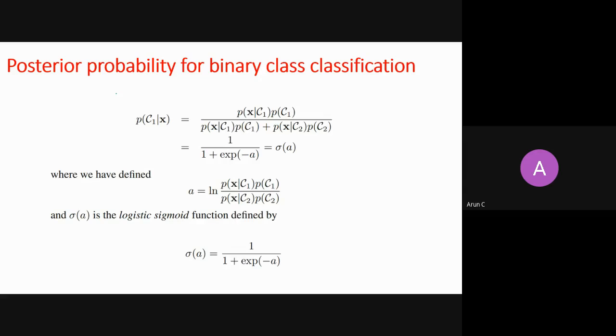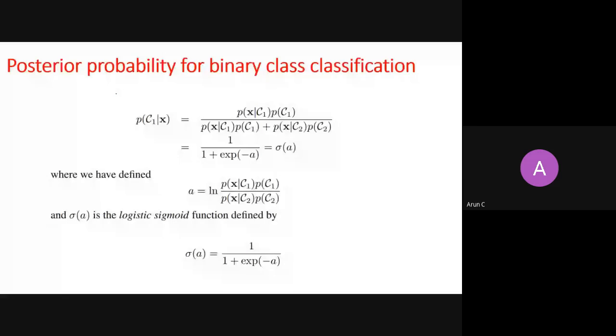But we are more interested in finding the posterior probabilities, and once we calculate the posterior probability, we will decide whether it is okay to give a class label or we should reject it. We discussed all this in the previous class. So now the motive is not to give a class label directly, but to find the posterior probability.